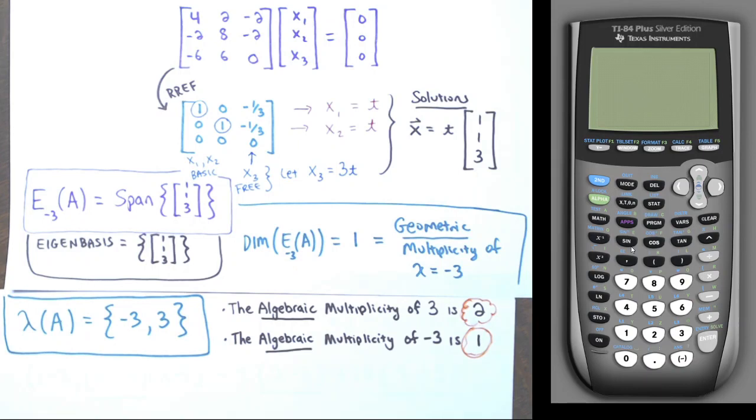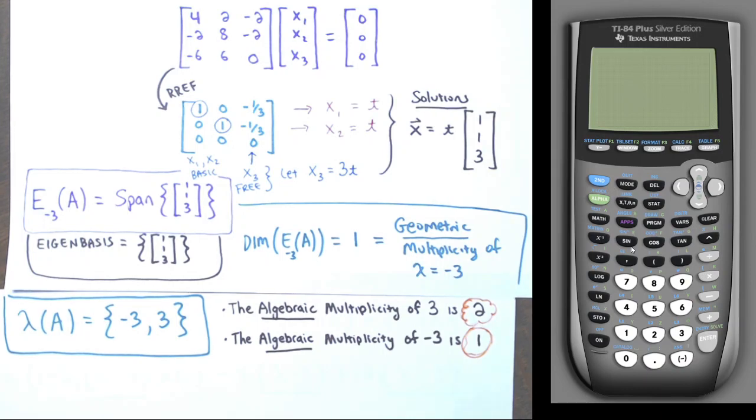That will be the algebraic multiplicity of that eigenvalue. Then you take an eigenvalue, lambda, and solve A minus lambda I times x equals the 0 vector. All of those solutions make up the eigenspace of A corresponding to lambda.